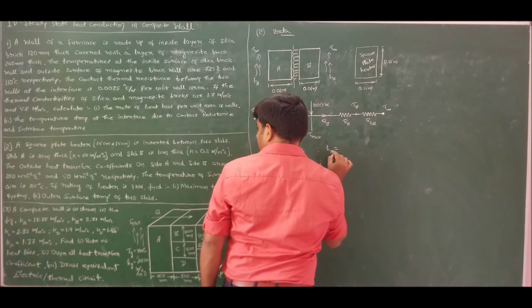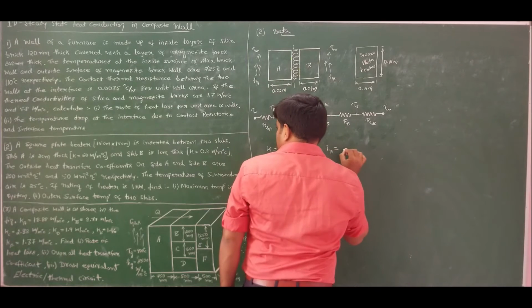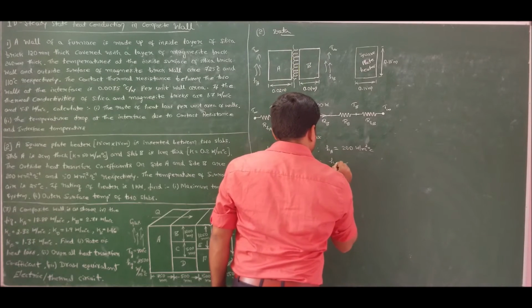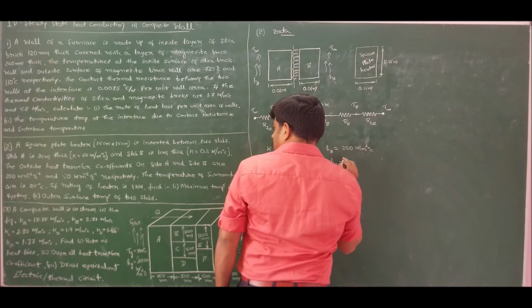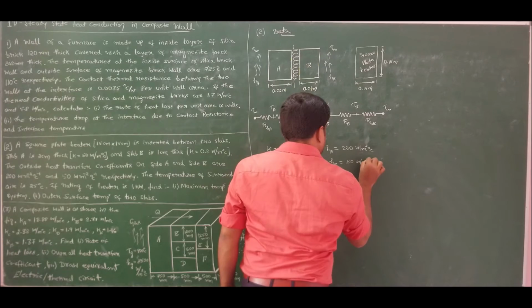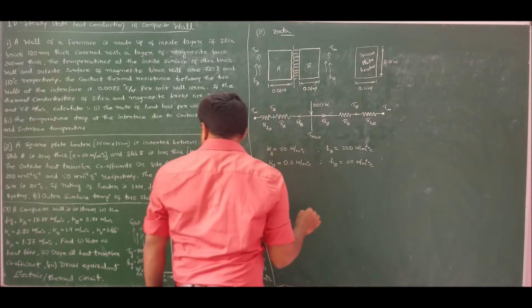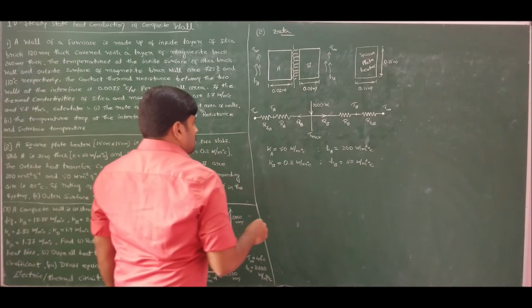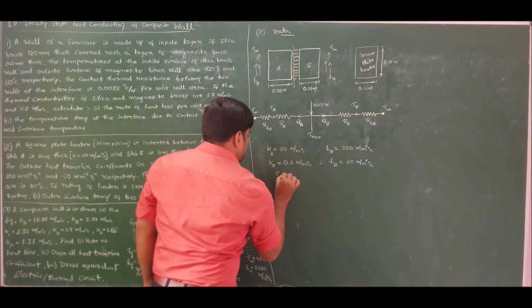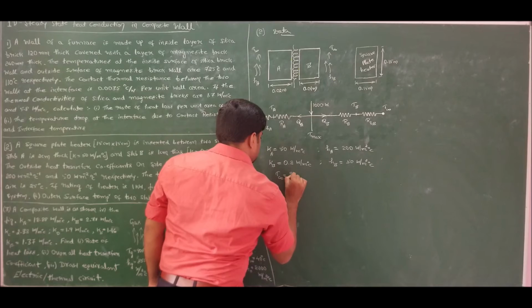HA is 200 watt per meter square degree Celsius, and on side B it is 50 watt per meter square degree Celsius. So this is what he has given. He has given the ambient temperature also, which is 25 degrees Celsius.